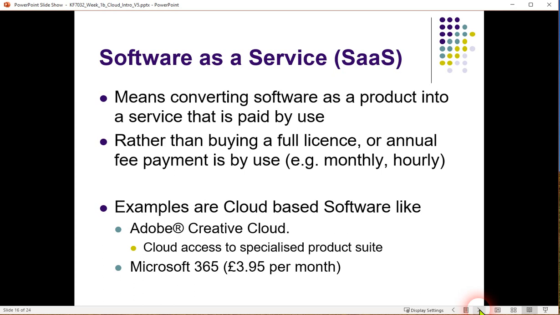So that's a case of a service which generates continuous revenue. So we can look at that, for instance, say 365, it gives you Office, PowerPoint, Word, and all those kinds of things.